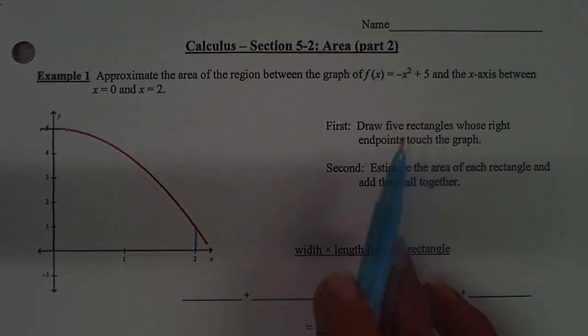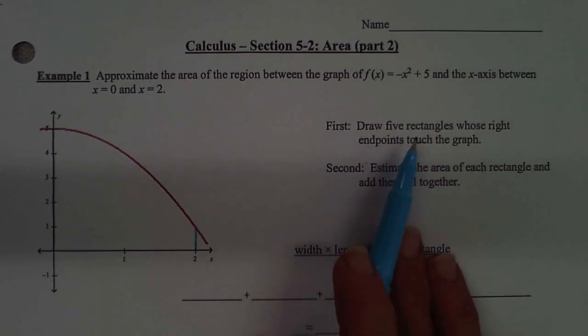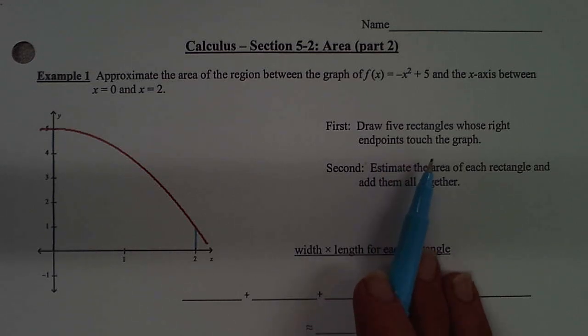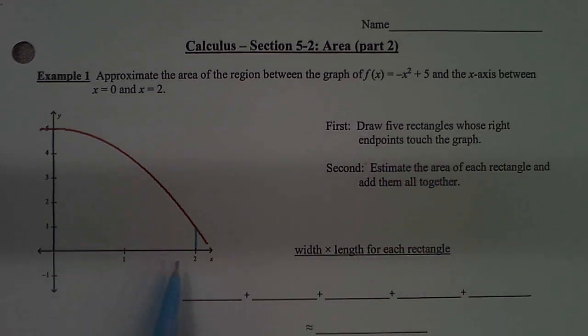So first thing here, it tells us to draw 5 rectangles whose endpoints touch the graph. So first off, we've got to divide this evenly into 5 different pieces. If my distance here is 2 and I'm dividing it into 5, each one would be 2/5 width.